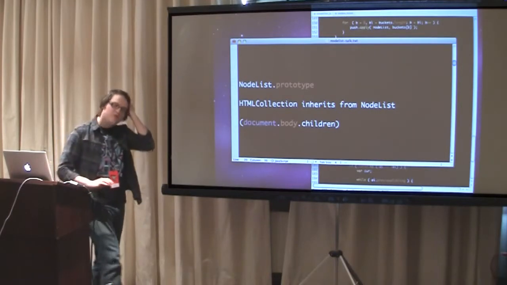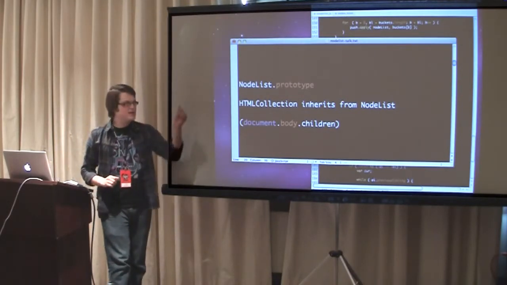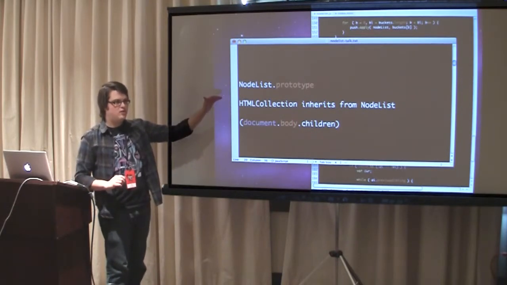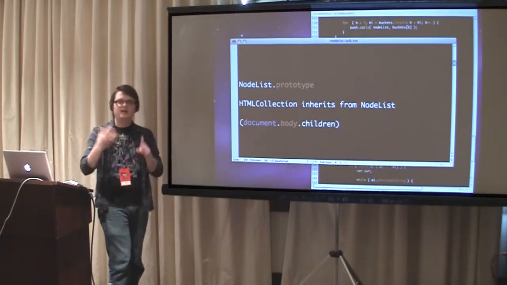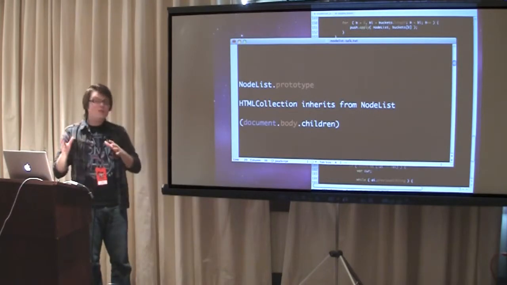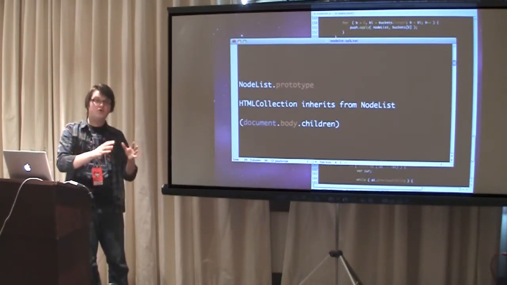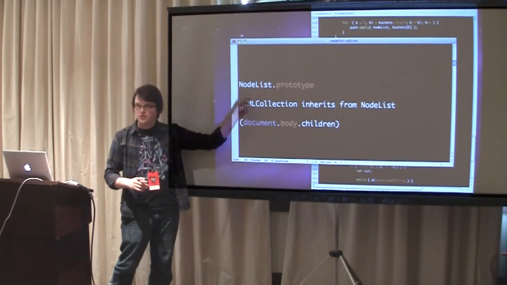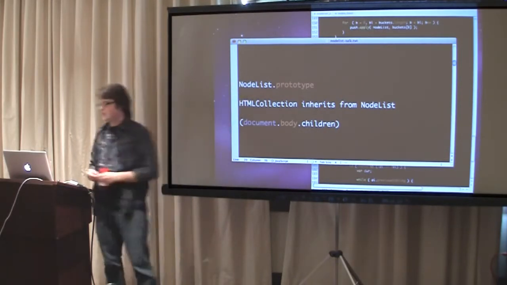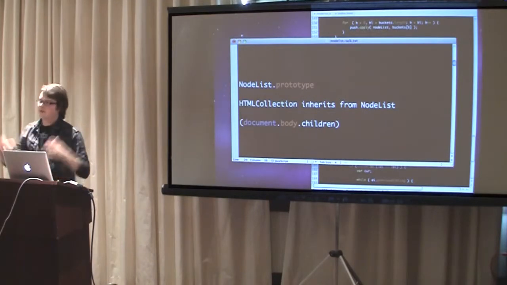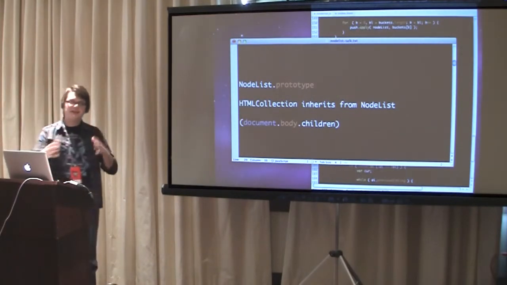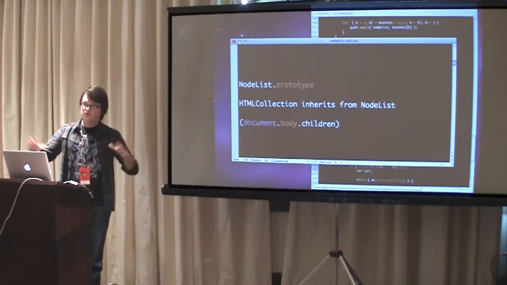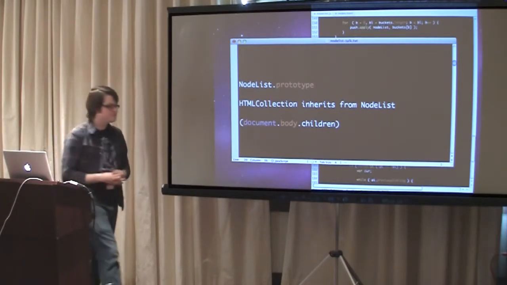But where the really interesting stuff comes in is if we have this NodeList that's coming from getElementsByTagName, querySelector, etc., and we have the ability to create custom NodeLists, it becomes really useful to be able to extend the NodeList prototype. So effectively, what my proposal centers around is extending the NodeList prototype with a whole bunch of really useful functionality that we can use in web applications.